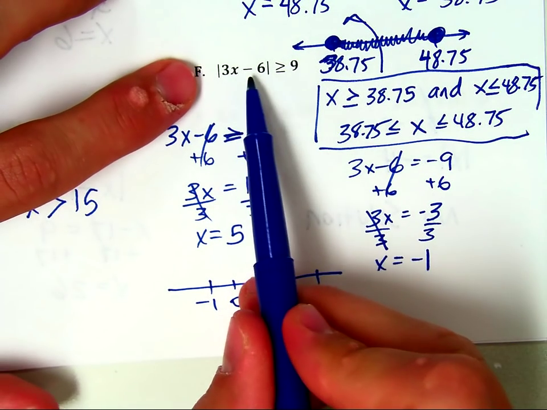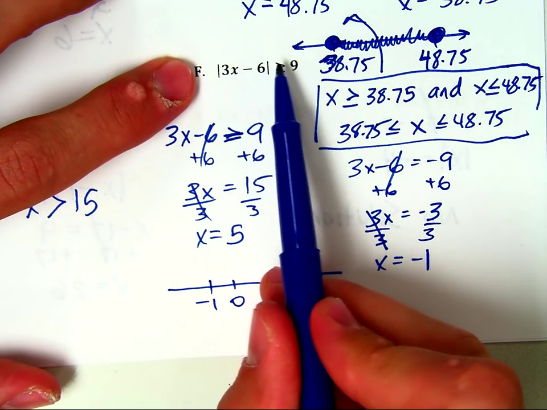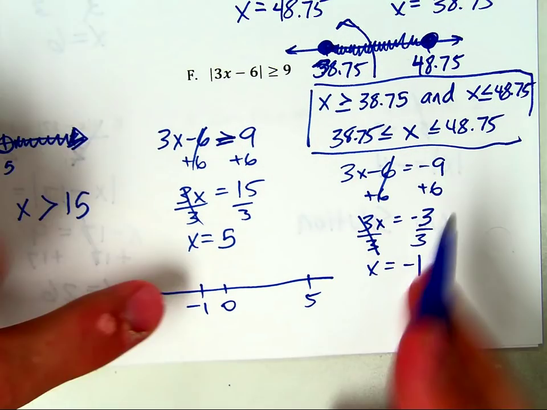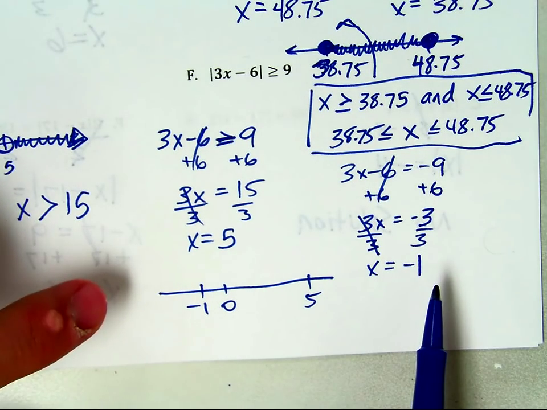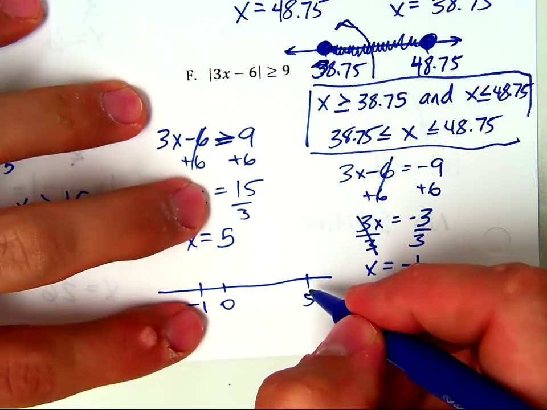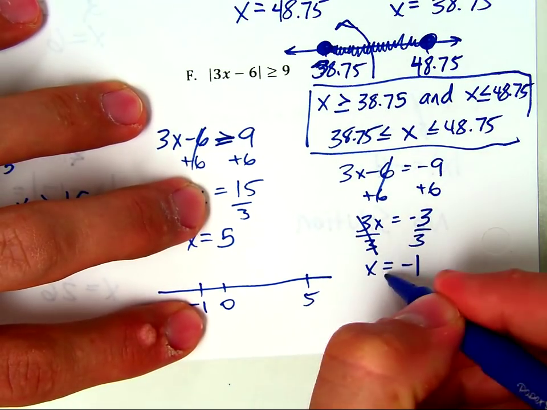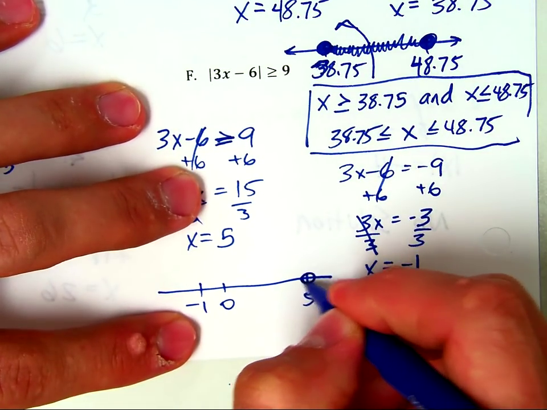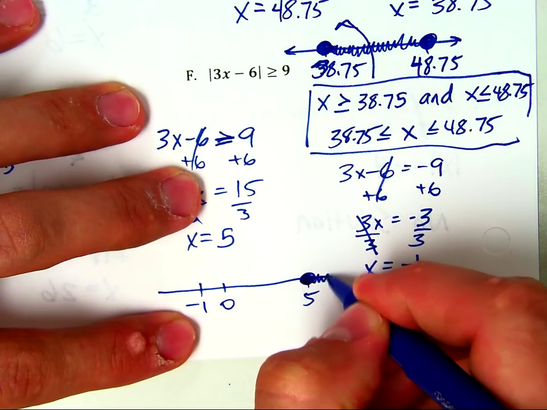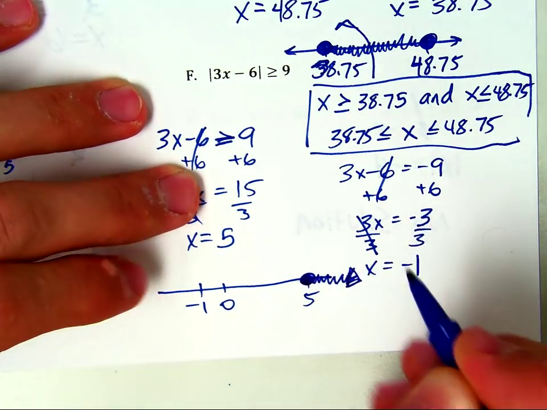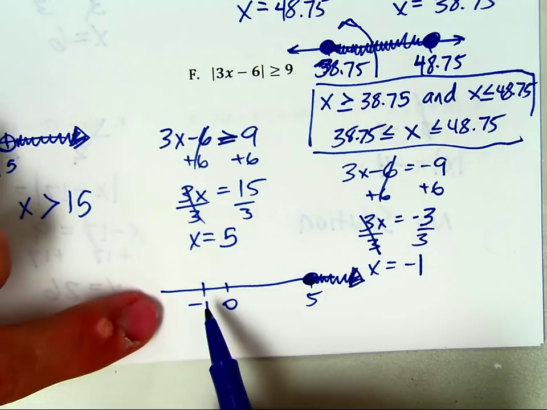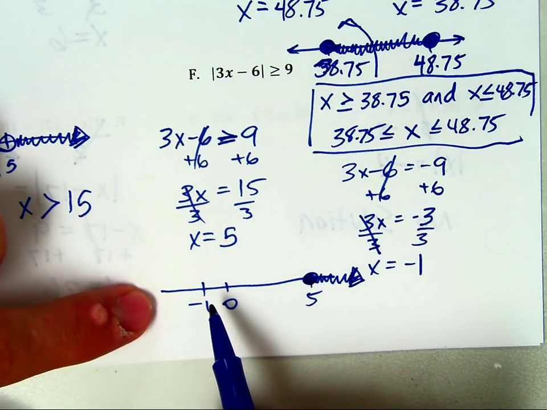We're talking about the absolute value of an expression that is greater than or equal to 9. So it helps to think about where your numbers will be greater. My bigger numbers are to the right, so we're going to put a closed circle because of the greater than or equal to. Now here, this one's a tricky one because you have to think about not the greater numbers, but the absolute value of those numbers.